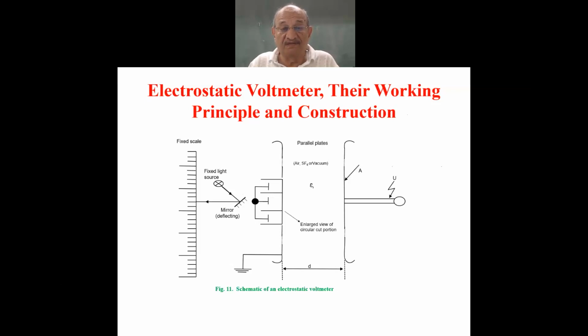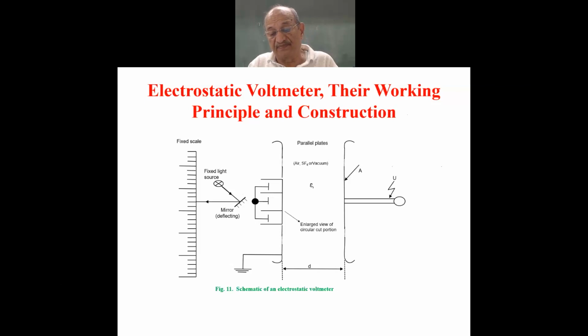We have learned what kind of field will be given rise in this case, a uniform field. So we try to produce a uniform field between two parallel plate electrodes.